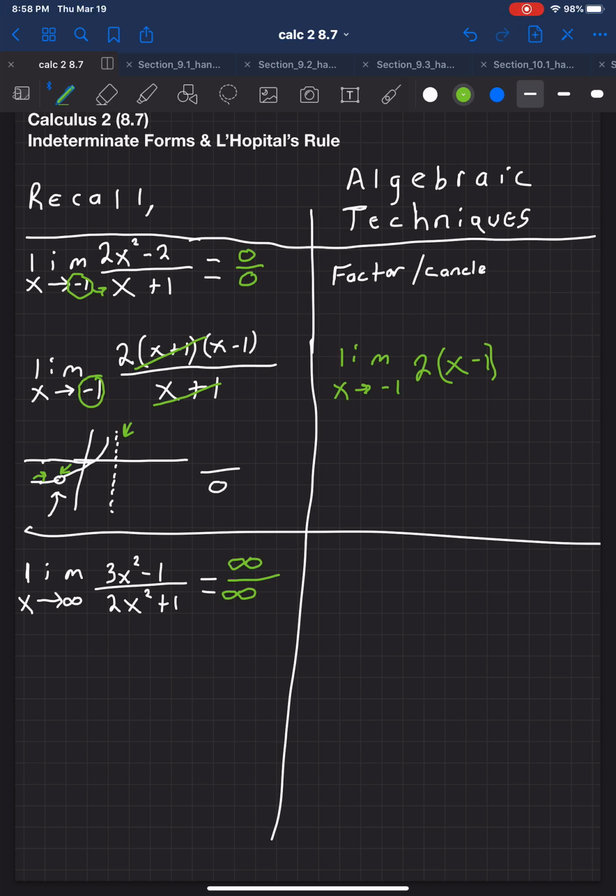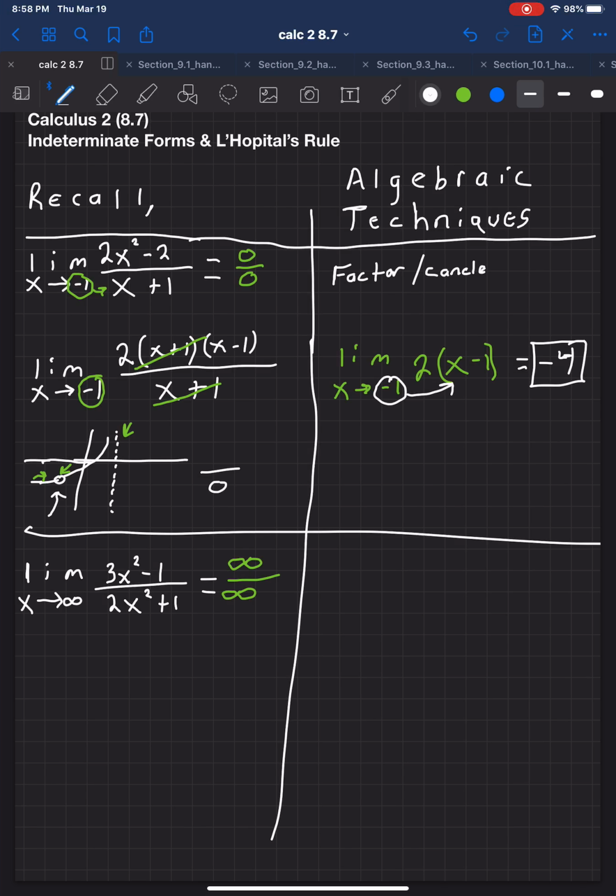And this function, we actually can use that substitution method at this stage of the game. We can substitute in our -1, which tells us that we have -1 minus 1 times 2, which is -4.